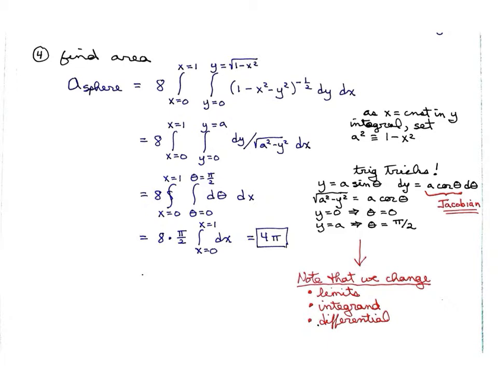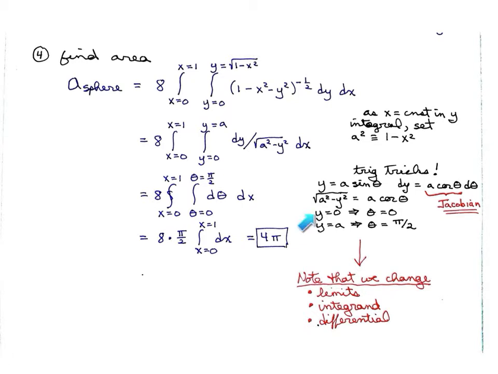Now we see that in doing the y integral, we could use trig substitutions. For example, call y by the name a sine theta, which would make dy equal to a cosine theta d theta. Notice this a cosine theta factor is something that we will be calling a Jacobian in class. Having done this, we realize that the integrand can now be simplified, and we need to remember to rewrite the limits as well if we're going to use the new variable theta.